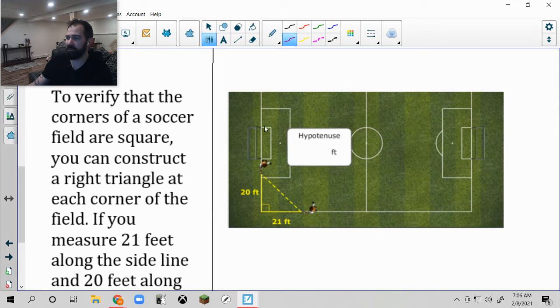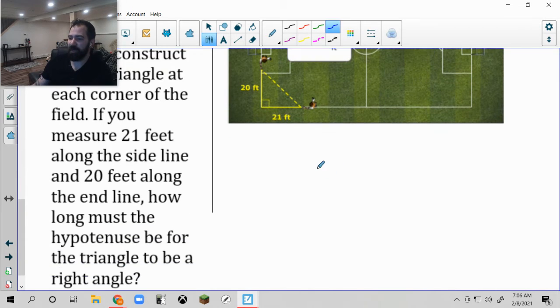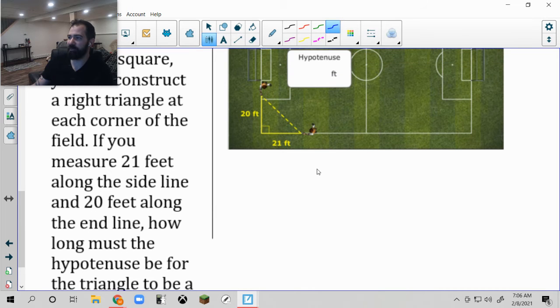We were going to find out something about some soccer fields here. To verify that the corners of a soccer field are square, you can construct a right triangle at each corner of the field. So you go over to each corner, put up a right triangle. If you measure 21 feet along the side line and 20 feet along the end line, how long must the hypotenuse be for a triangle to be a right triangle?